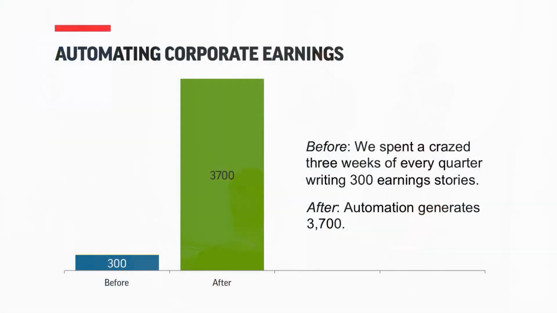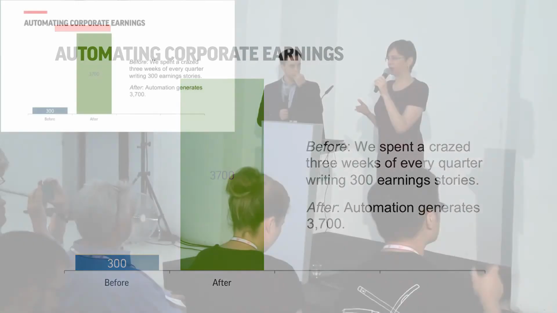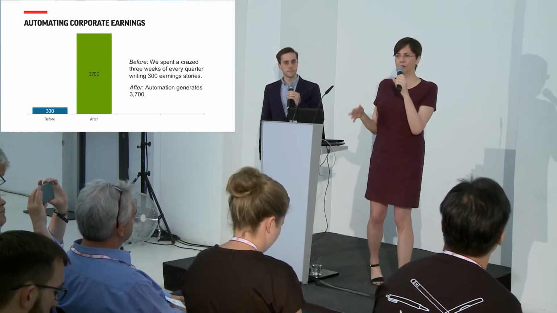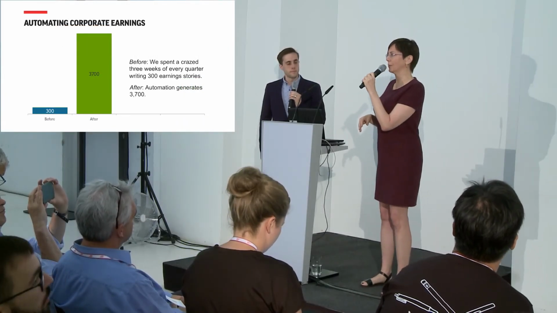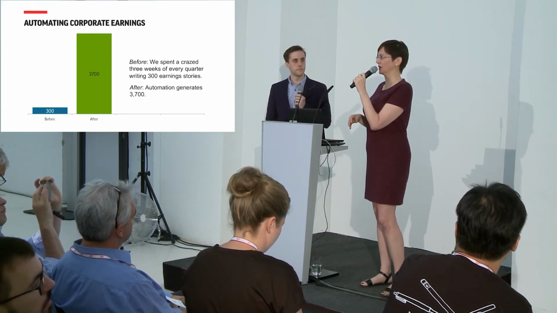Just some more practical details. Before automation, my human staff, which is approximately 60 reporters and editors, mostly in the US but some in Europe and Asia, were writing approximately 300 earnings stories per quarter.